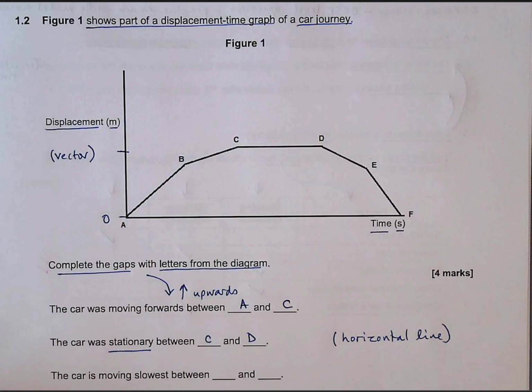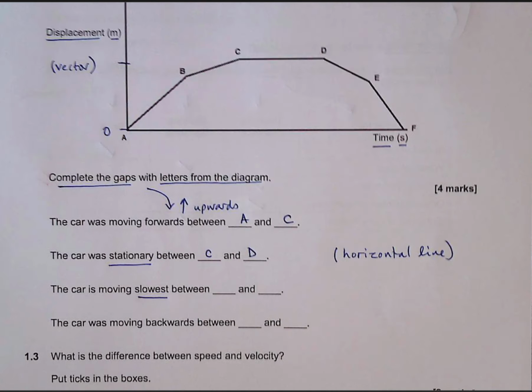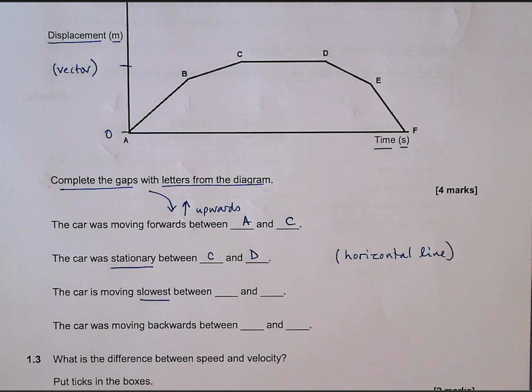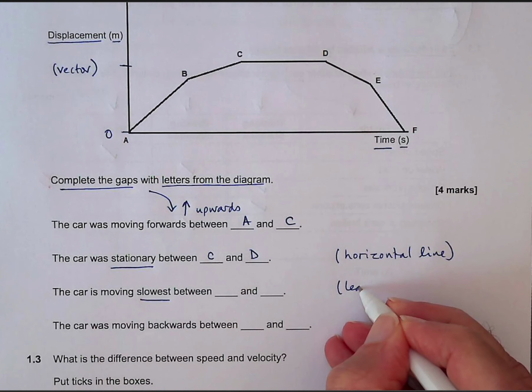Okay, and then it says the car is moving slowest between which two? Now, slowest, obviously it's moving slowest when it's not moving at all, but they mean when it's not stationary. So that's not completely clear. So the answer they're looking for is the least steep line.